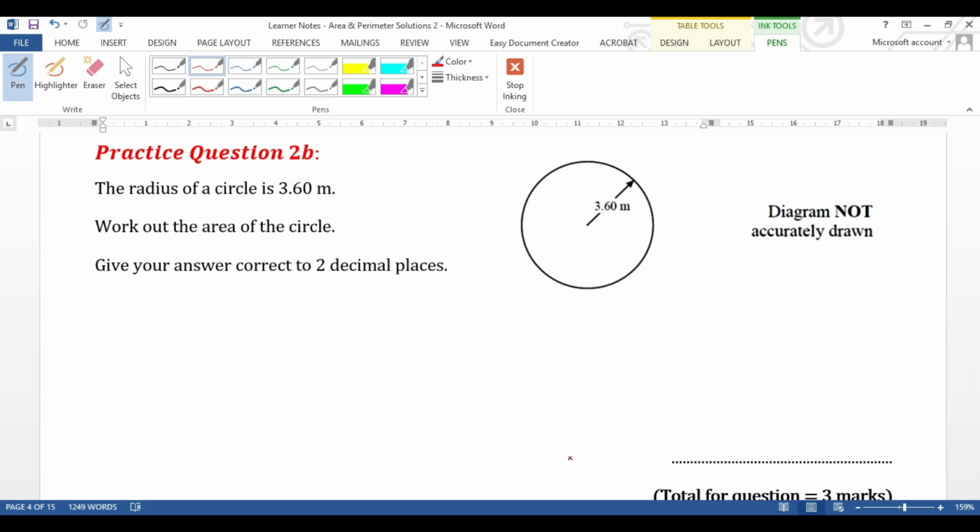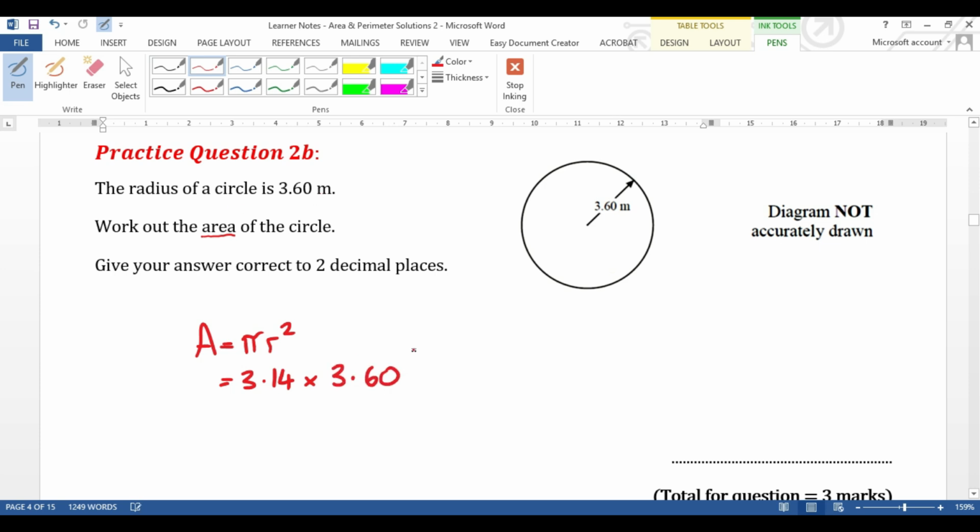Practice question 2b, the radius of the circle is 3.60 meters. Work out the area of the circle. Give your answer correct to 2 decimal places, for 3 marks. And because it mentioned area, we are using apple pies R squared. So that's 3.14 times by the radius. Well, they said the radius was 3.60.